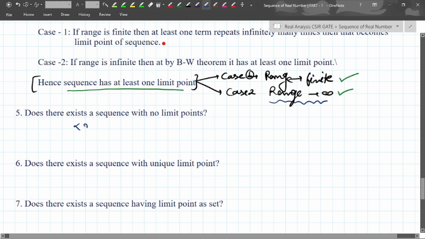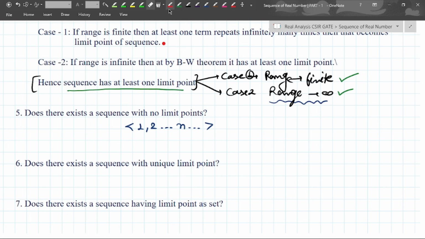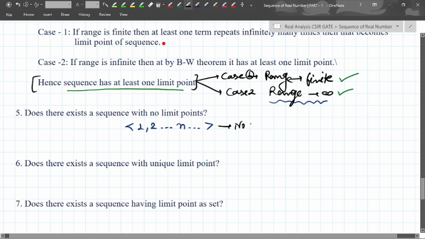Yes, this sequence: 1, 2, and so on up to n, going n to infinity. Here there is no limit point.